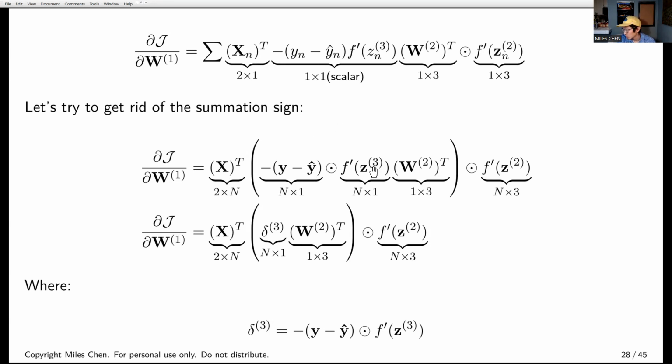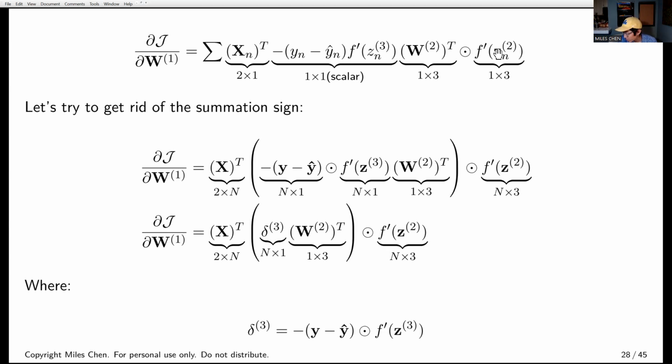I can matrix multiply that by expanding out all the elements in Z, which is going to be n by 1. W2 is 1 by 3. There's no subscript n here, so it's not suddenly going to get bigger when we look at it for all the elements. It's still going to be 1 by 3. And then what about this Z sub n?